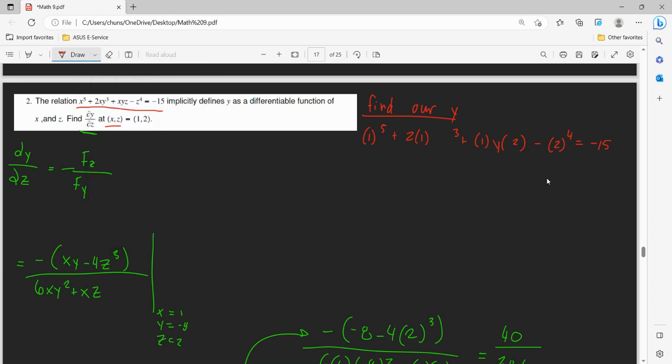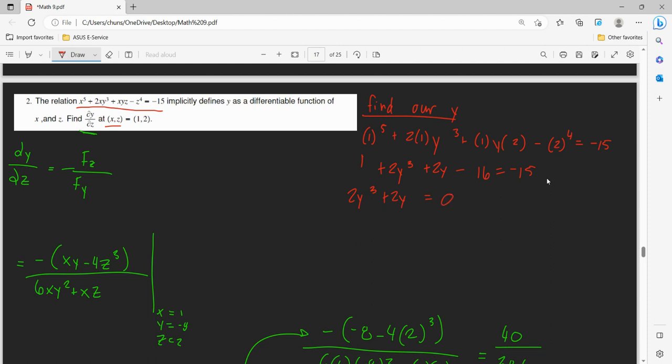So this is 1, and this stays y cubed. Okay, so this gives 1 plus 2y cubed plus 2y. This is minus 16 equals negative 15. Let's move some of those numbers over. So we have 2y cubed plus 2y is equal to, we add that 16, so it's going to be 1.